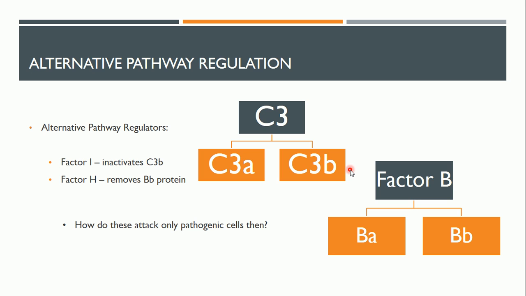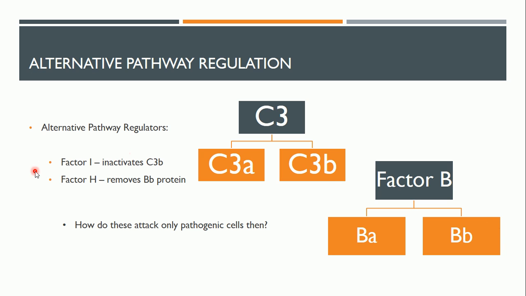Okay, and factor H is actually involved in the removal of the Bb protein. So if Bb is bound to C3b, factor H is just going to come along and say, nope, we're not having this, and just clip that Bb protein, getting rid of it.